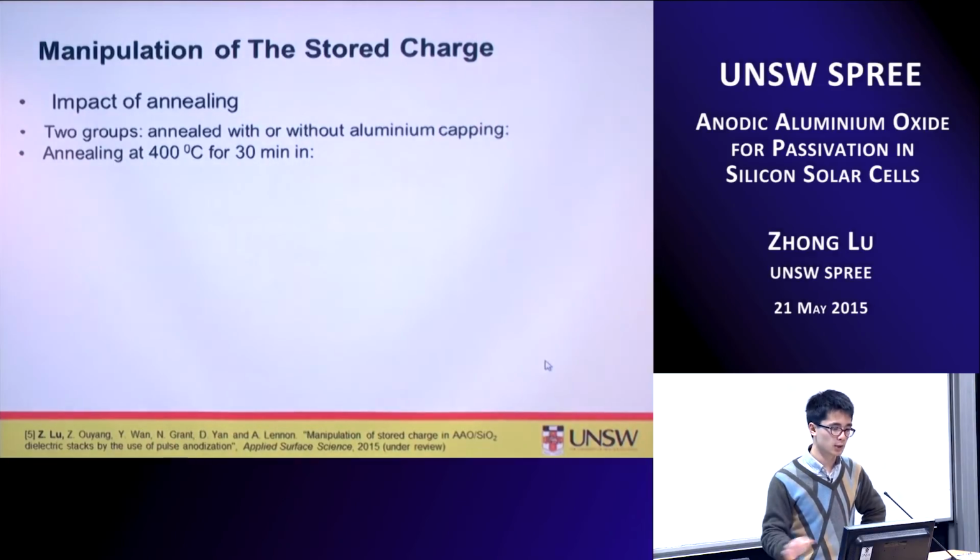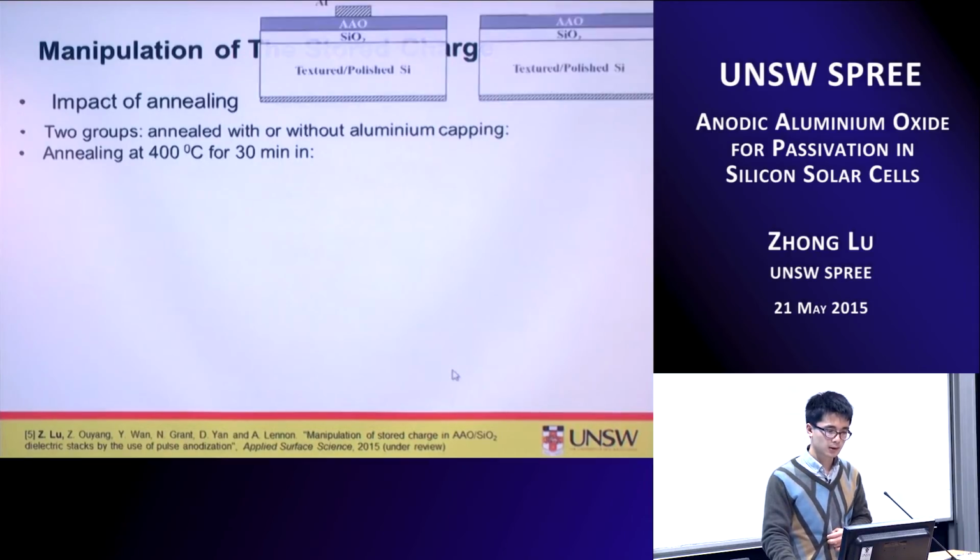It has been widely reported that annealing of dielectric would significantly impact both the stored charge and the interface state, and it is also the case for my study. I have used two groups of samples to test the impacts of annealing.